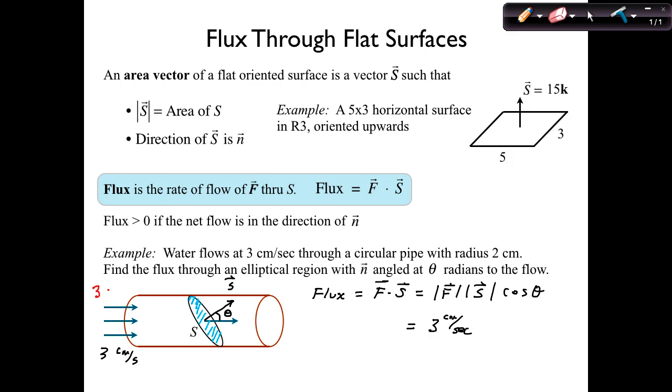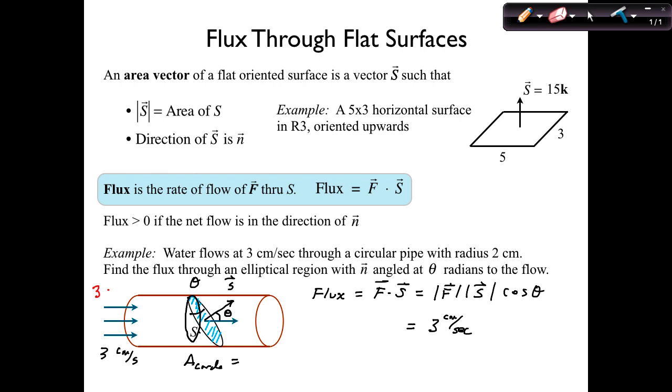So what we can do is make a right triangle with a circle that's orthogonal to the flow, and we can use triangle trig, but with areas. Does that make sense? The angle between my disk and my ellipse is actually theta. So the area of the circle is like the adjacent side of the triangle.